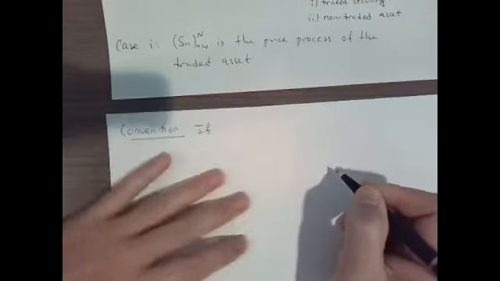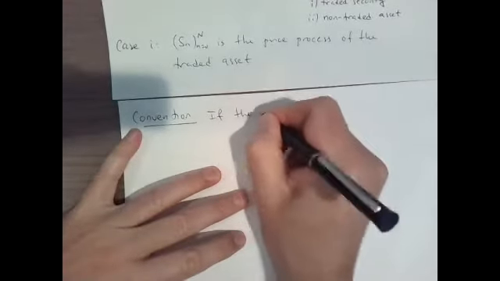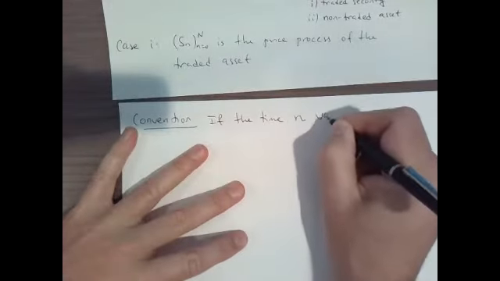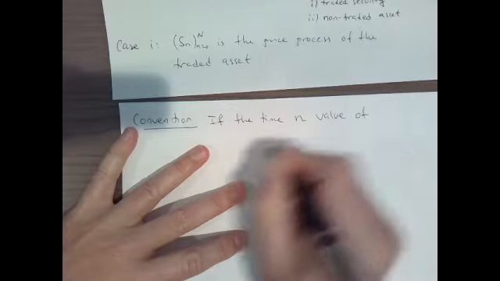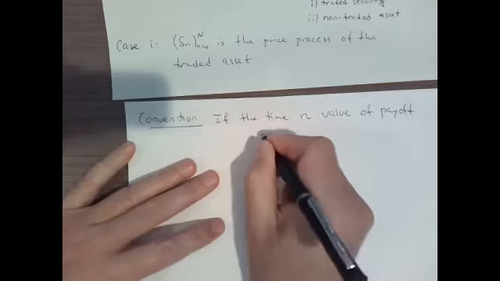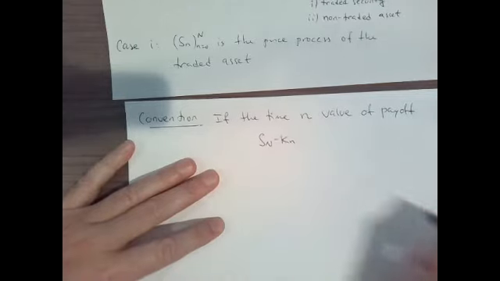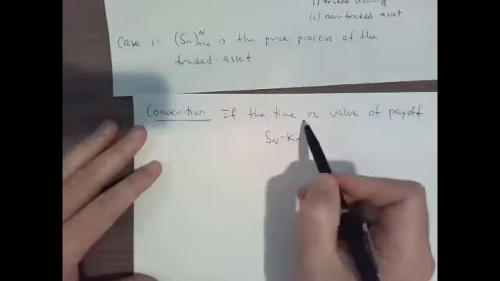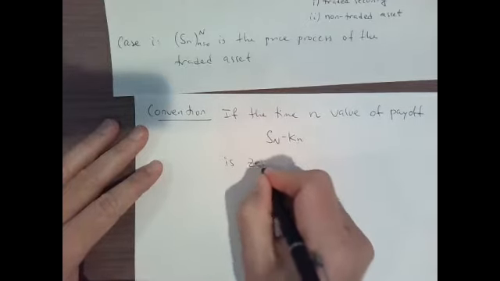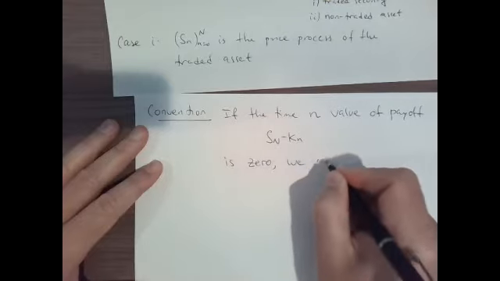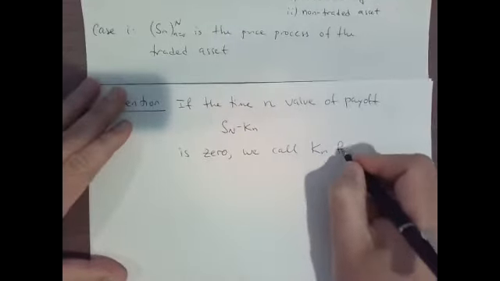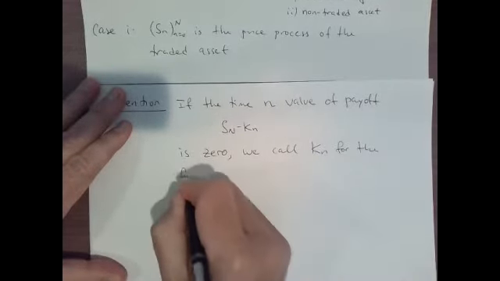If the time n value of the payoff Sn minus K is 0, we call Kn the forward price.